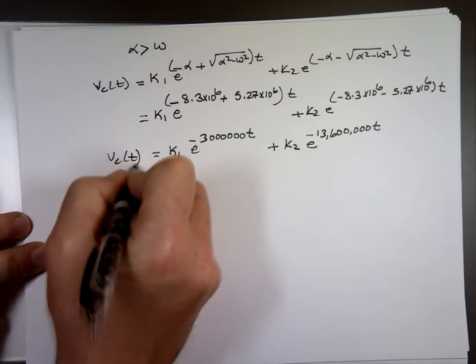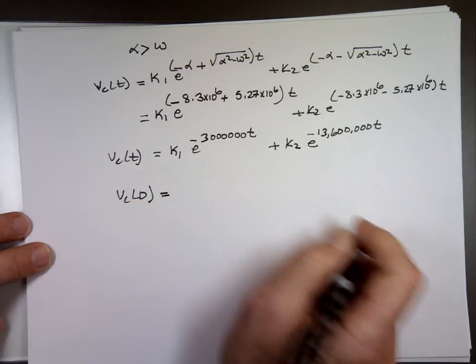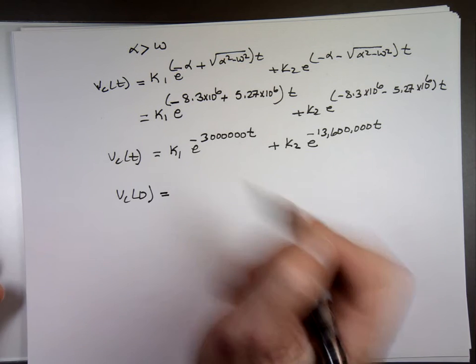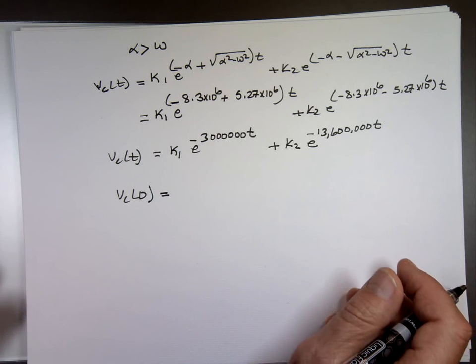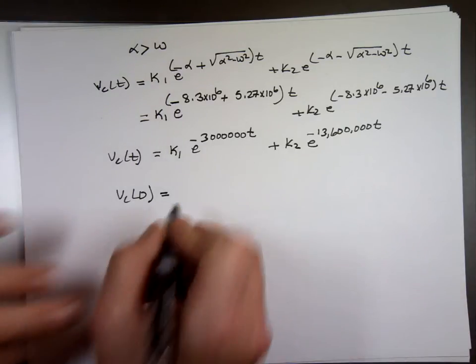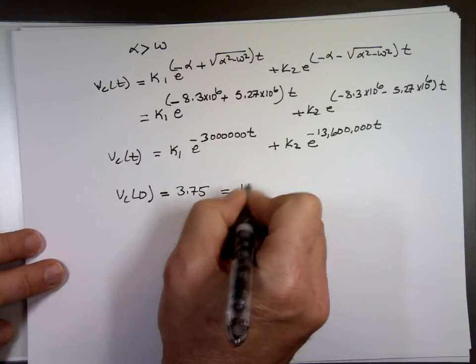It says 3.063. Yep, I just rounded. I wasn't carrying all the digits there. VC of 0, we got that number to be 3.75, which is K1 plus K2.